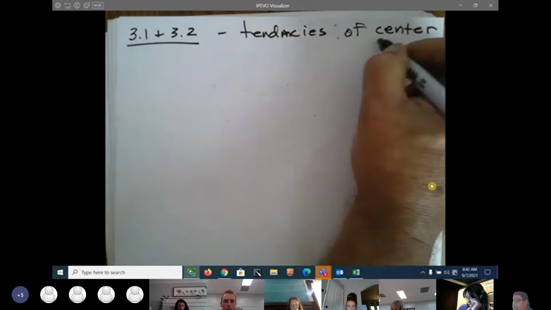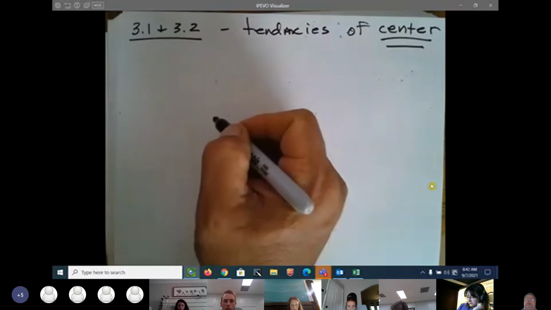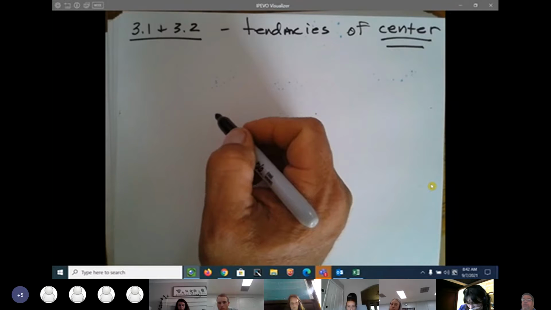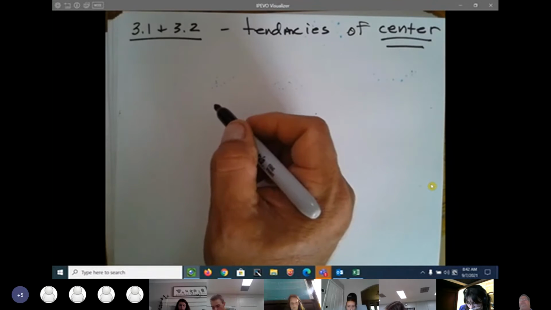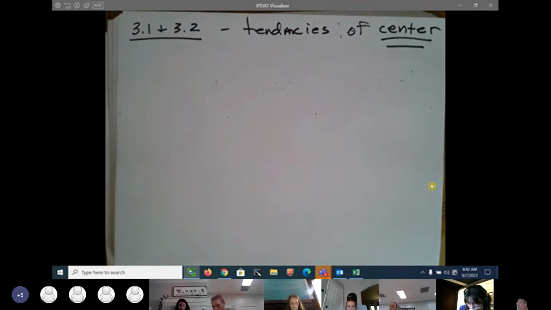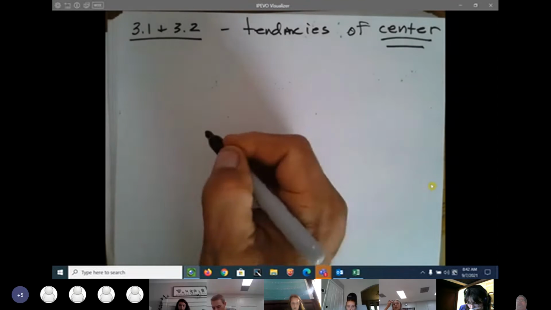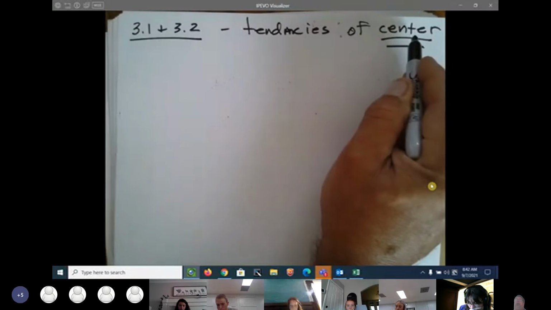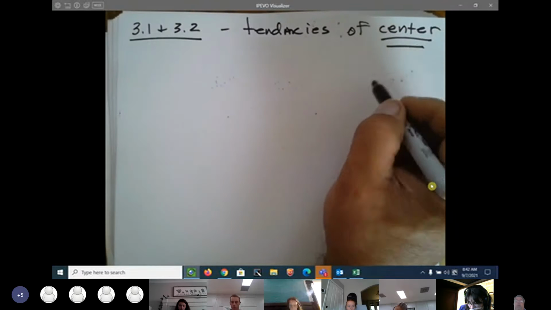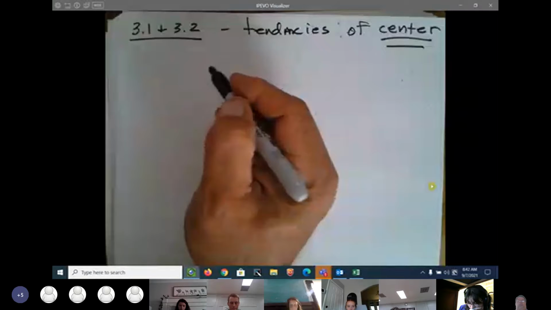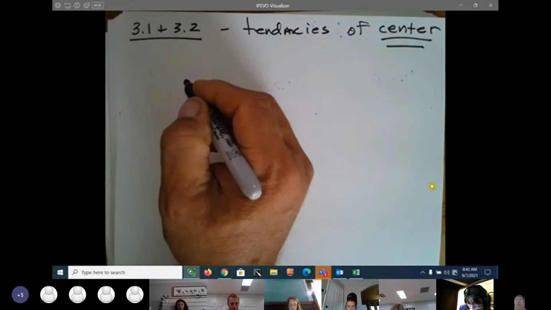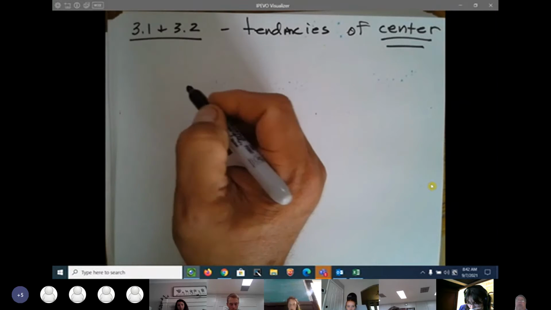In statistics, everything revolves around the what? The center. Everything. So if you're doing any kind of project or any kind of research, it all depends on how the numbers relate to the center. And in 3.1 and 3.2, y'all know most of this stuff because you've all done it in some math class in the past.